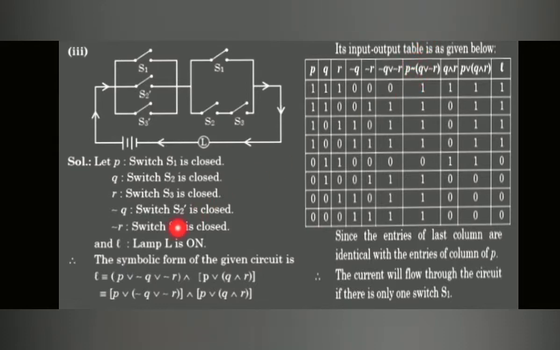This statement is, see, second step, this first bracket, in bracket P or negation Q and negation R right here in this column. And next is Q and R, this Q and R right here. And next is P or Q and R, meaning second bracket, second step, square bracket is P or in bracket Q and R right here. And L means this whole symbolic form is right here.